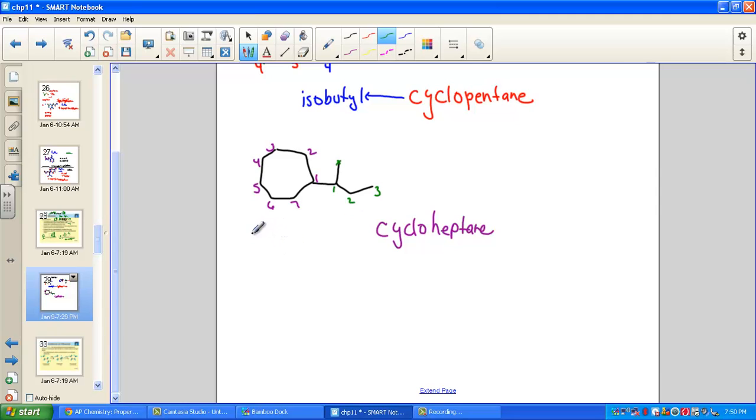So putting this together, we have 1-methyl, attached to this propyl, cycloheptane. 1-methylpropylcycloheptane.